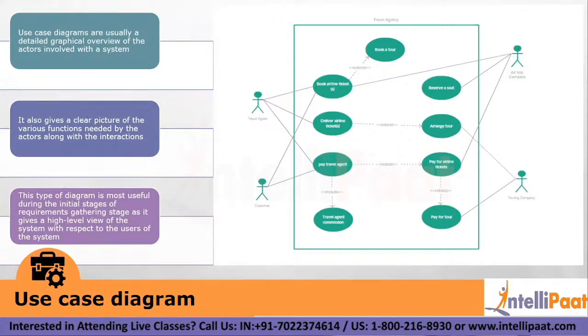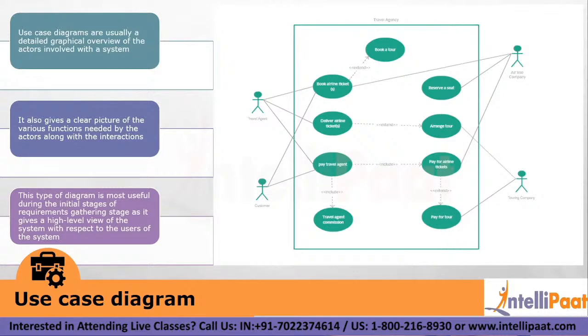And most importantly, where is this used? This is primarily used at the very initial stages of the requirements gathering stage. This is the first time when a business analyst is talking to a business, this is the first diagram that automatically comes out, because that is when you are actually identifying the various actors.